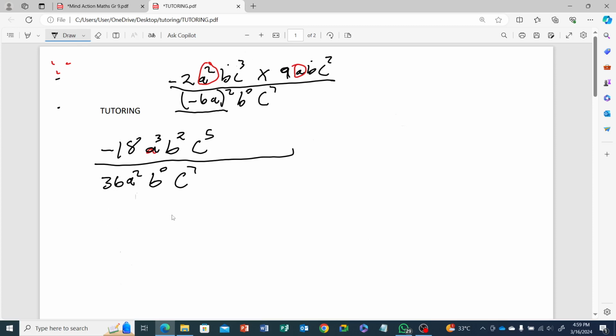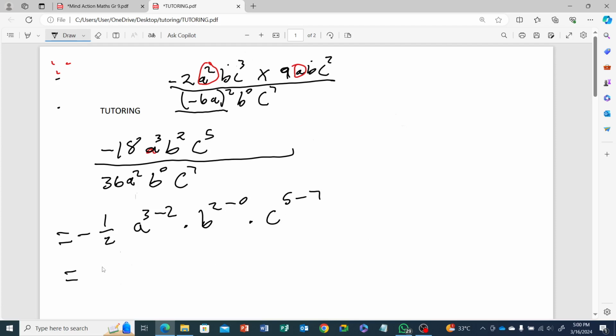This is half of that. So we are effectively going to have a negative half. All right. Then we have a 3 of the numerator minus 2 of the denominator times b squared minus 0 times c to the 5 minus 7.